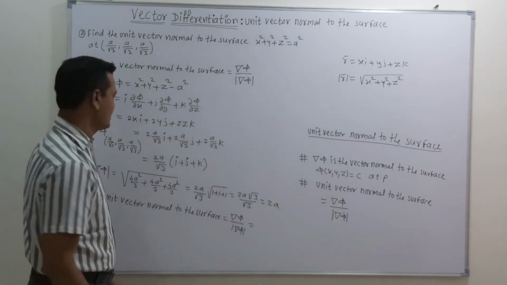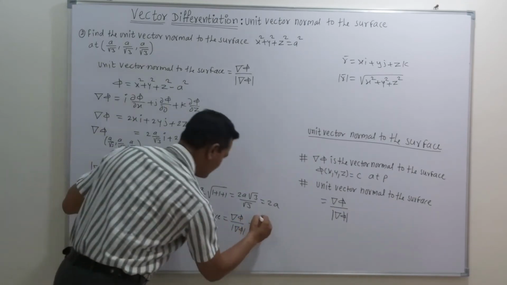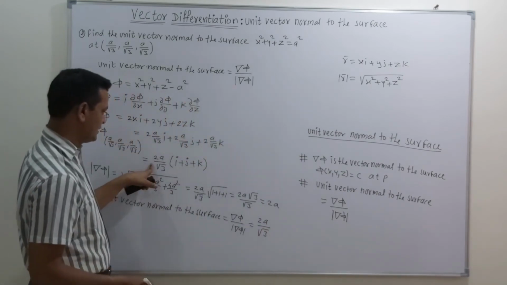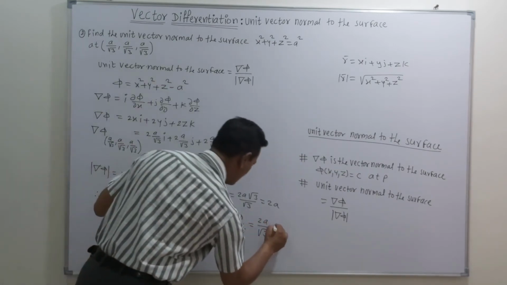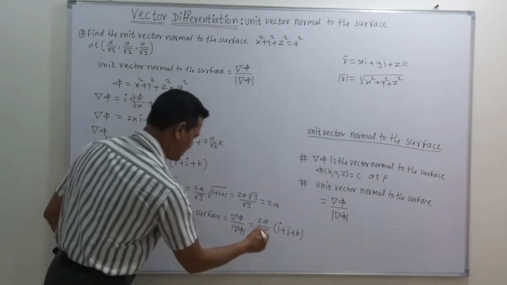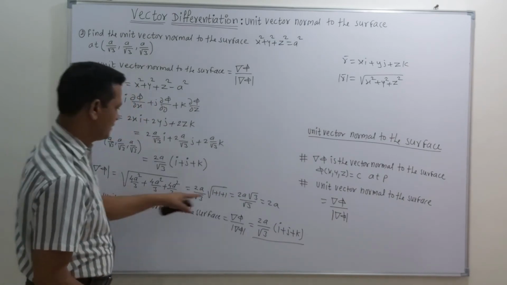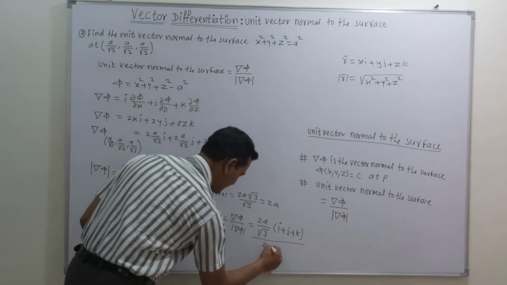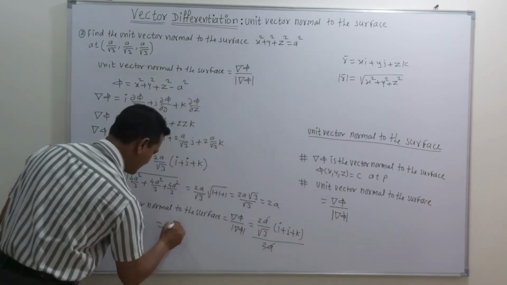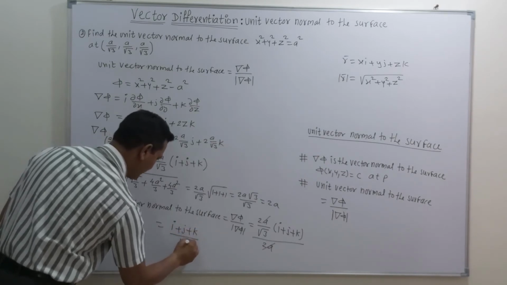Del phi is 2a upon root 3 into i plus j plus k. The whole thing we divide by this magnitude, which is 2a. So this 2a will get cancelled, and finally we reach the answer as i plus j plus k upon root of 3.